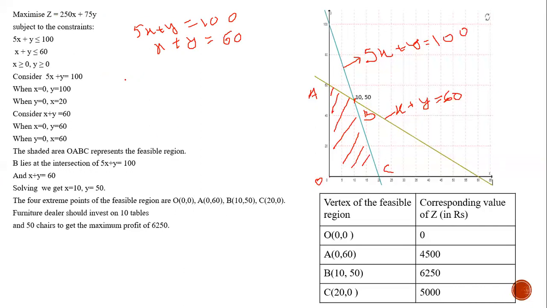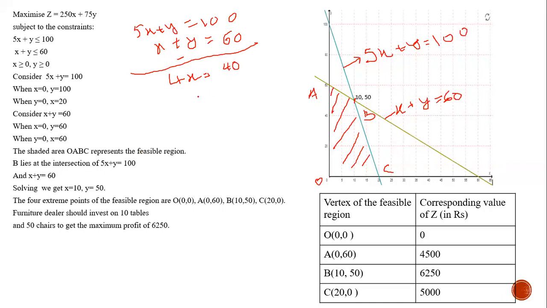There are many methods to solve this type of simultaneous equations, but we can easily solve it by the elimination method. Subtracting the second equation from the first equation, we get 5x minus x, which is 4x, and 100 minus 60, which is equal to 40.